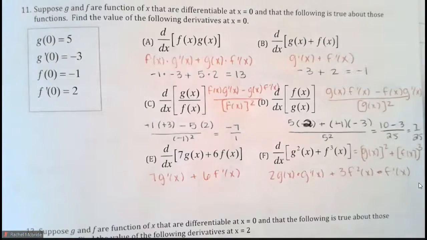Okay, on the back, we basically are given a series of functions, and those functions have set values. So instead of being told what the functions are, we're just told what the functions are at certain points.